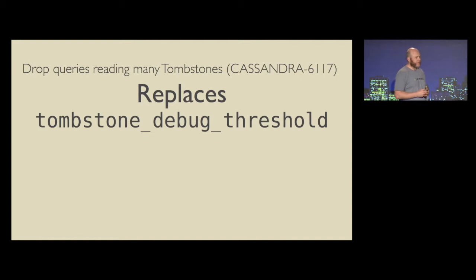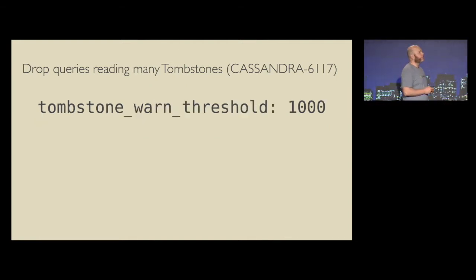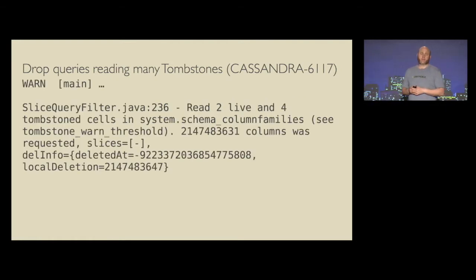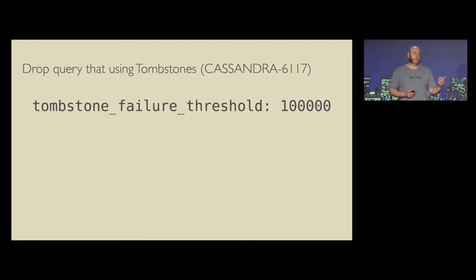So that's been replaced. There's now tombstone warn threshold, which defaults to 1,000. When you do a read and it runs over 1,000, you get an awesome log message. Tells you the table, tells you the request, tells you all sorts of information. Together with that, there's a setting called tombstone failure threshold.